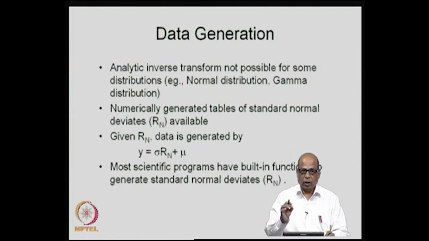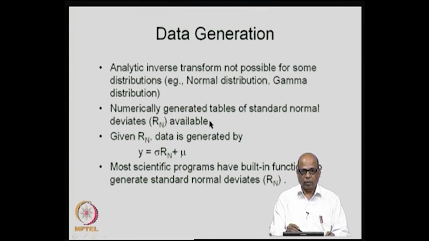That is, you want those random numbers which follow a standard normal curve, with 0 mean and unit variance. Now, these are tabulated and available. They are called standard normal deviates. So, we denote them as Rn. Ru we indicated as uniformly distributed random numbers in the interval 0 and 1, and Rn are standard normal deviates which follow a normal distribution with 0 mean and unit variance.